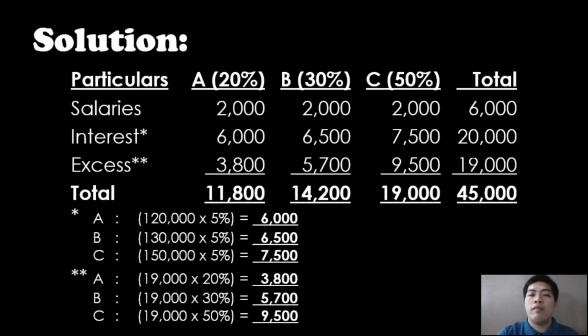Yung excess niyan, we have 19,000, i-distribute ng 19,000 depending sa kanilang profit or loss ratio. Okay. We have 3,800 kay A, we have 5,700 kay B, then we have 9,500 kay C. Okay? So, total ni A, 11,800. Total ni B, 14,200. Total ni C, 19,000.